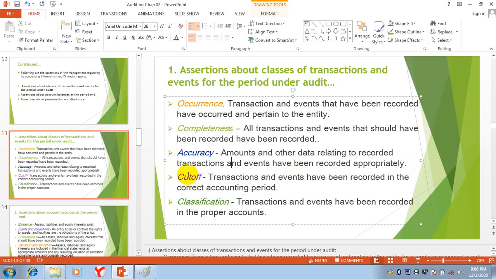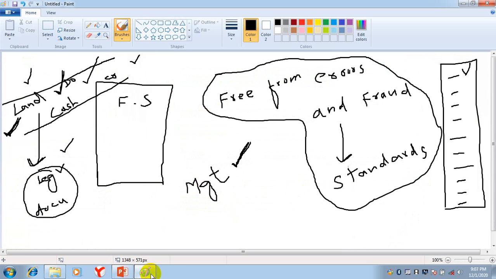Cut off. Another assertion. Transactions and events have been recorded in the correct accounting period. The transactions and events that we recorded relate to this year. Suppose we are recording the data of 2019. So the events which are recorded are related to 2019.